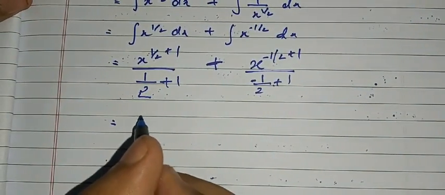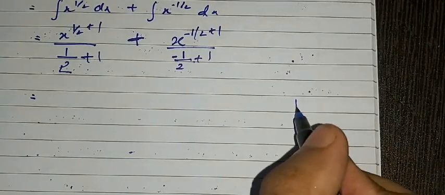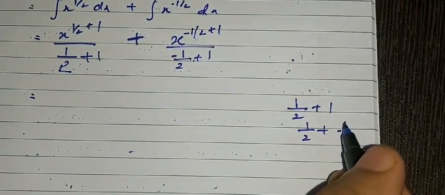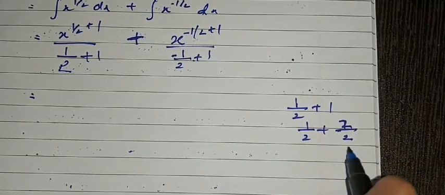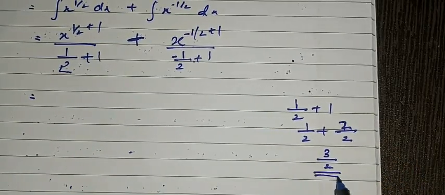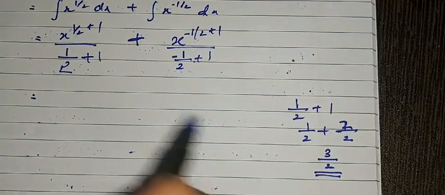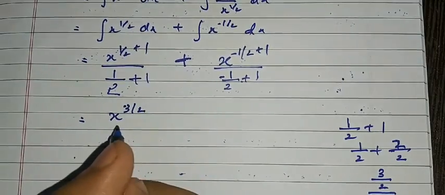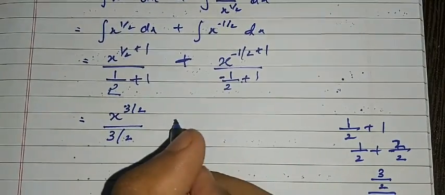Here 1 by 2 plus 2 by 2, taking the LCM, will be 3 by 2. So we took it from here and put it here. So x raised to 3 by 2 by 3 by 2.